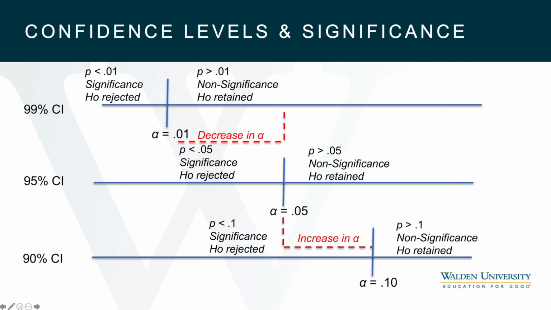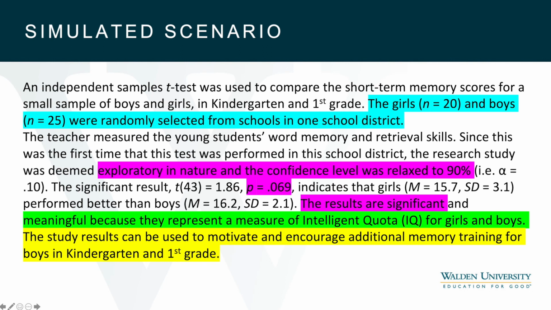The researcher was able to reject the null hypothesis. The researcher calls the results significant because they represent a measure of IQ, but we know that the results are only significant because in statistics, significance means comparing the p-value to the set alpha level.